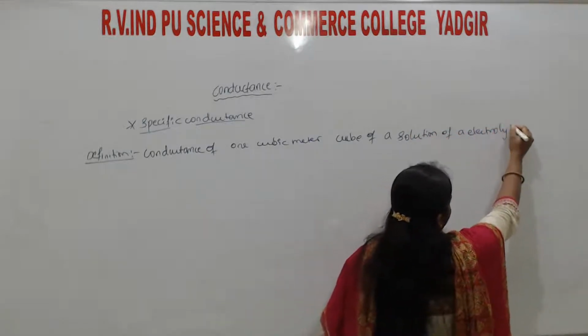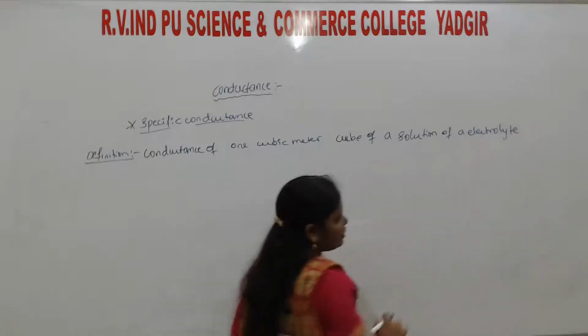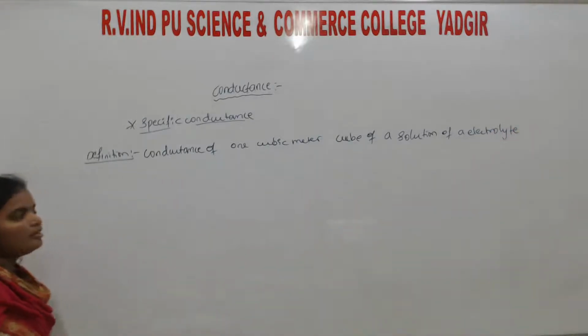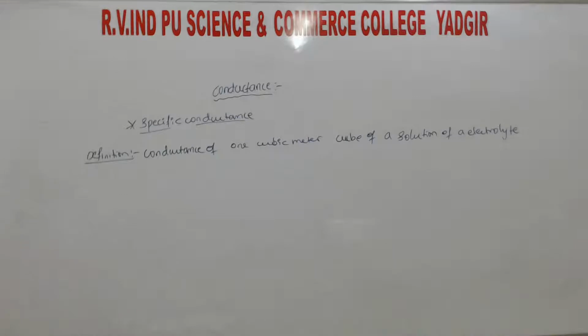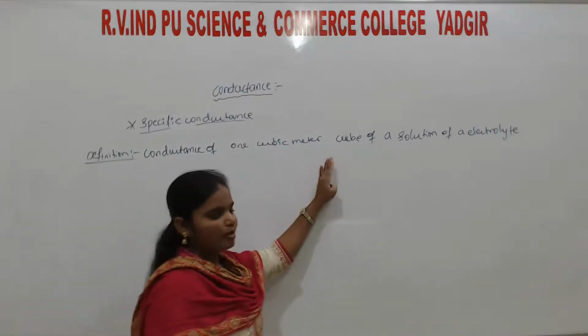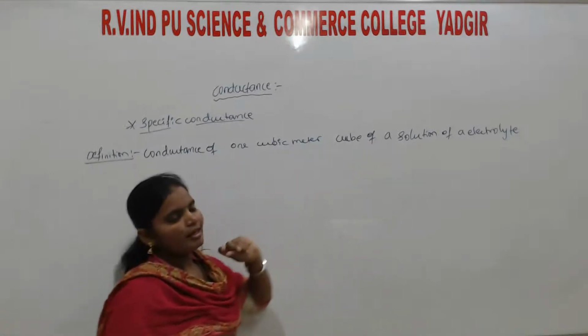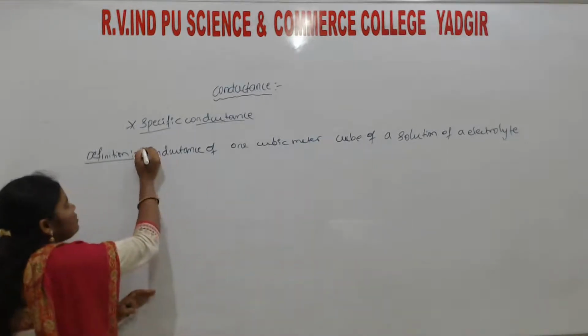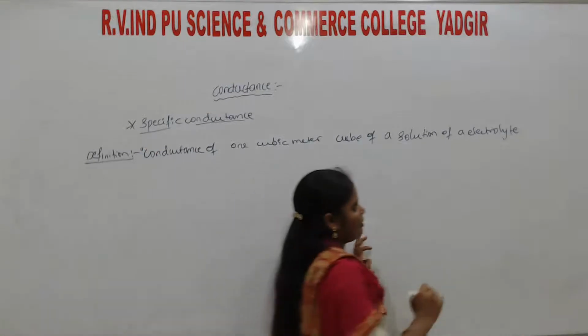Here the conductance of 1 cubic meter cube of a solution of an electrolyte is the definition of specific conductance.